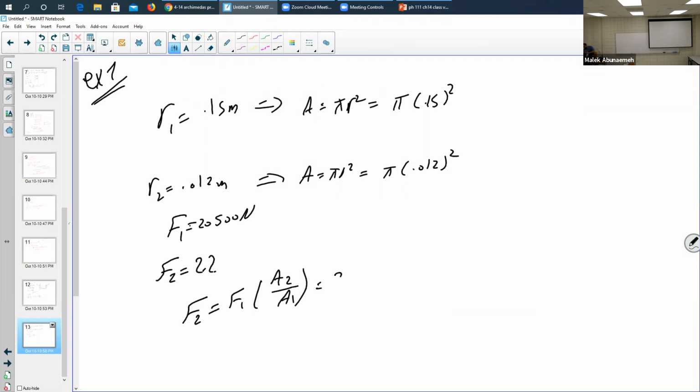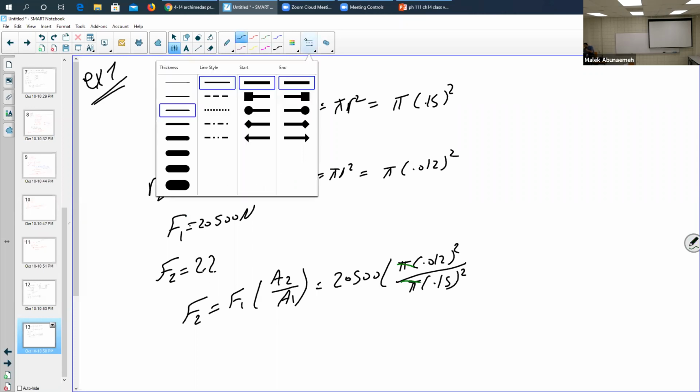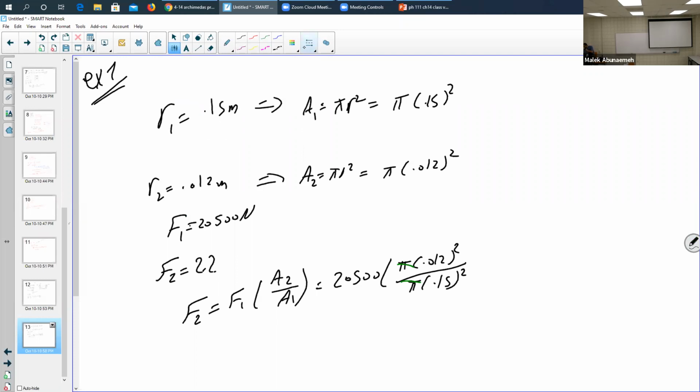So that's going to equal 20,500 multiplied by, this is A2, this is A1, pi multiplied by 0.012 squared divided by pi times 0.15 squared. Your pi's cancel out. So what you end up getting is 131 newtons.